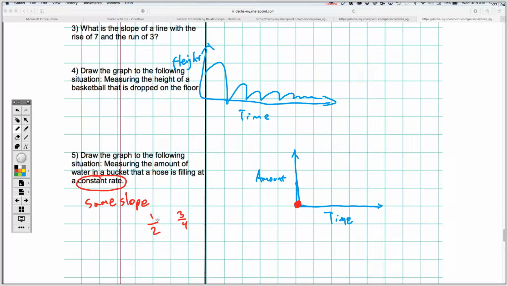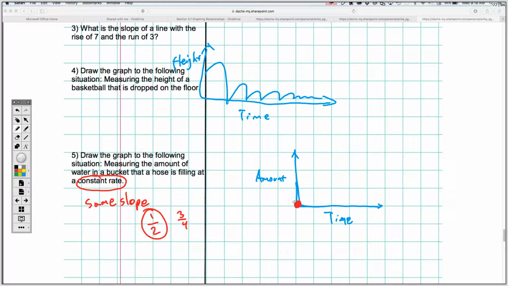Nothing? Aureliana, give me a number. Slope. Yeah, that'll work. Remember, you can pick any slope because I just need a slope to start with.